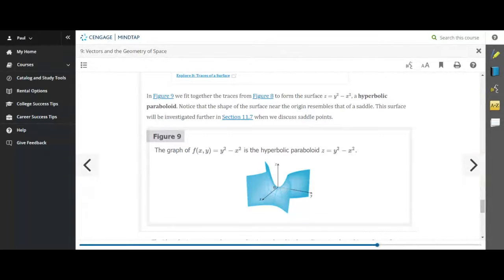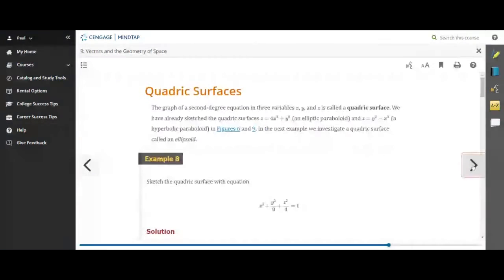So that's another type of common surface. Now, I'll show you something here. There are some very common surfaces that we use fairly often, like in homework problems.